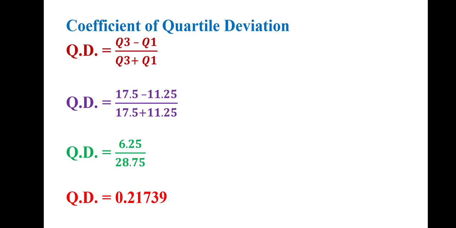Q3 value 17.5 minus 11.25 will get 6.25 in the numerator. Similarly, the denominator 17.5 plus 11.25 will get 28.75. Simplify, 6.25 divided by 28.75 gives 0.21739. In this way we can find the coefficient of quartile deviation.